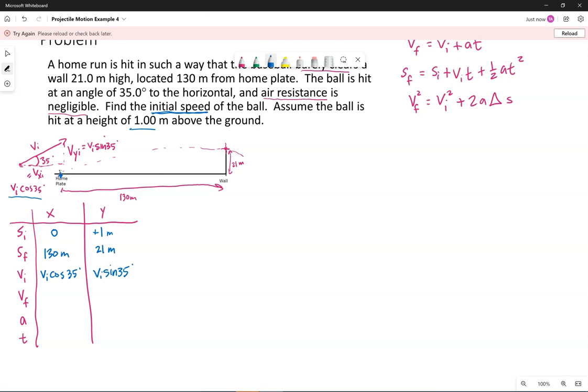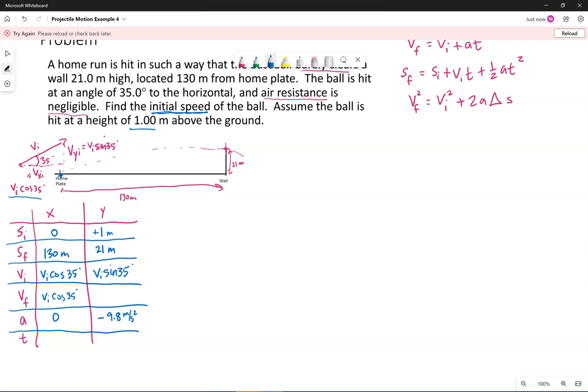The final velocity we know is the same for x because we're ignoring air resistance. We do not know what it is for y, but we do know the acceleration is downwards at 9.8 meters per second squared. We don't know time. We know it's the same for x and y, but we don't know the value.